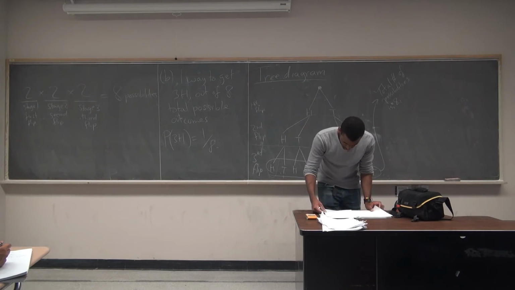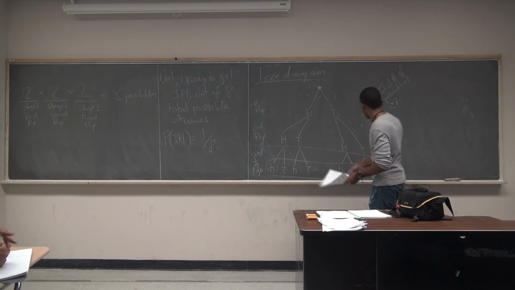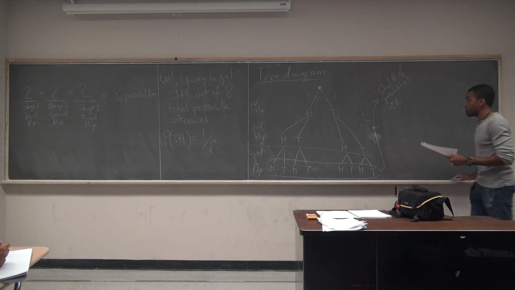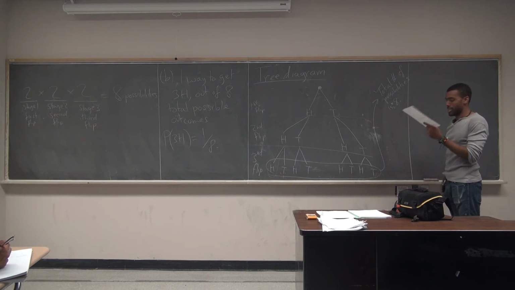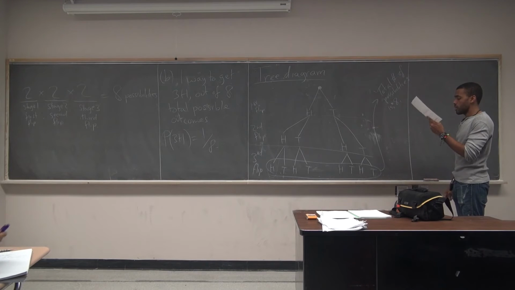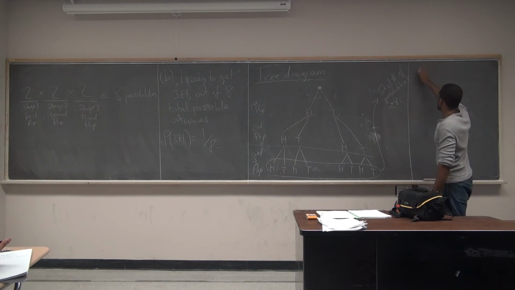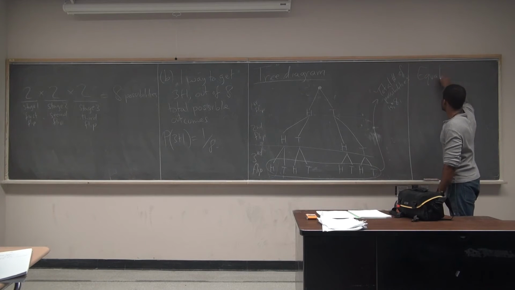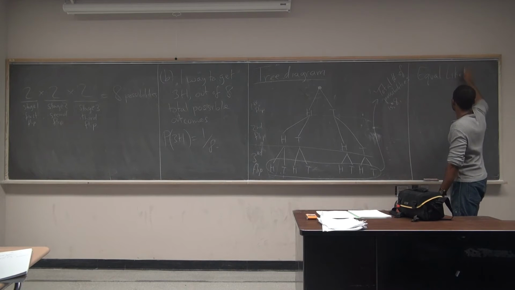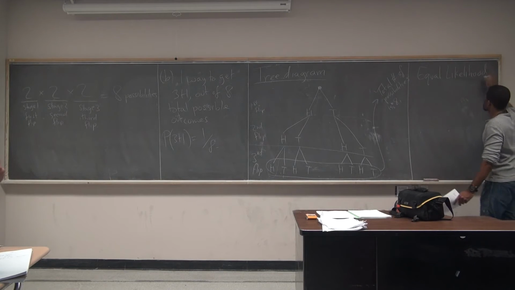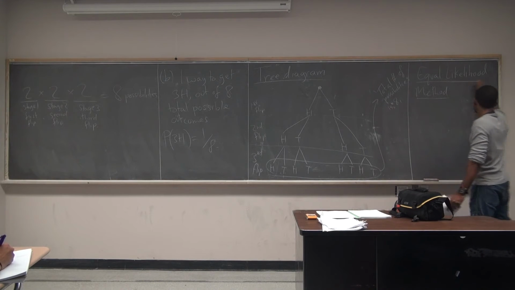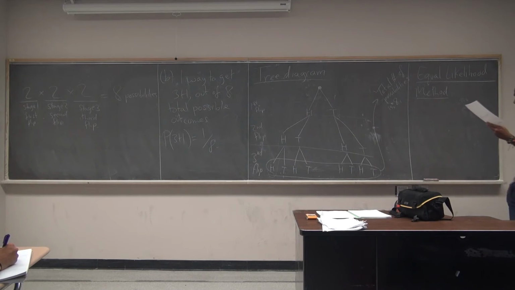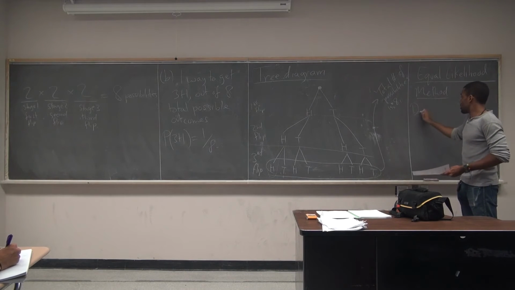If there's something I neglected to mention, let's make sure. I probably should have mentioned this before the boy-girl example, but we made it through okay, so I'll mention it now. This is the equal likelihood definition.